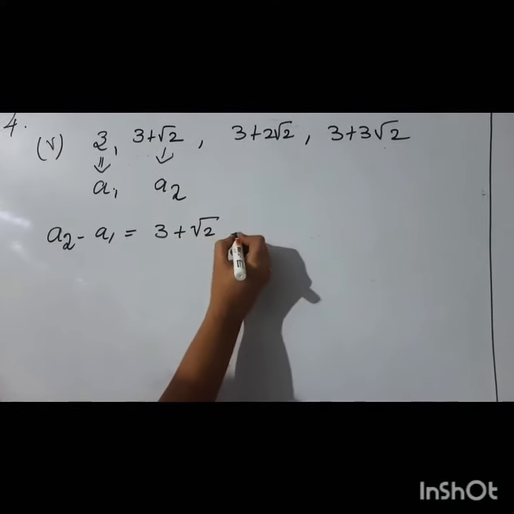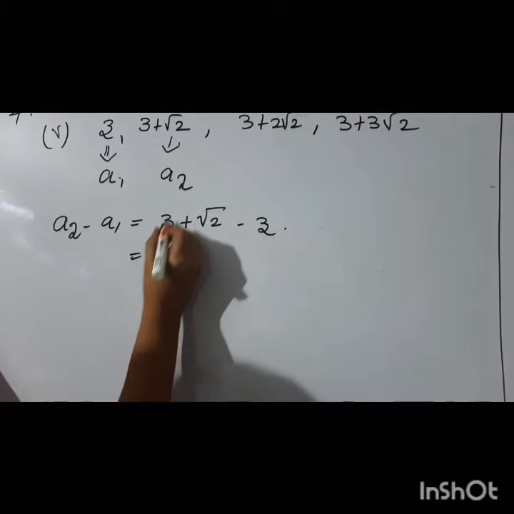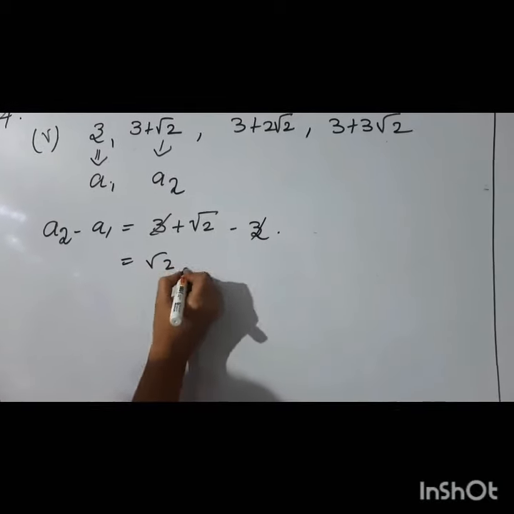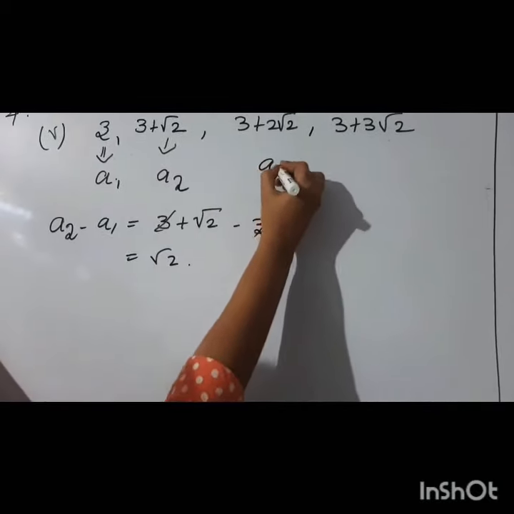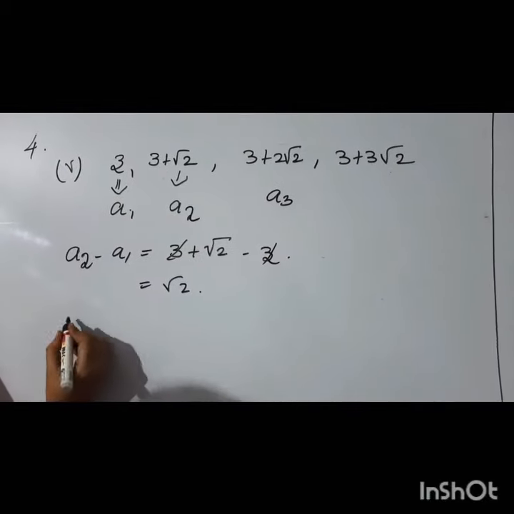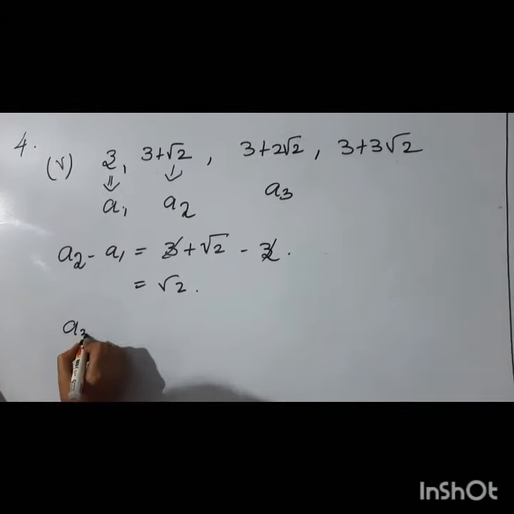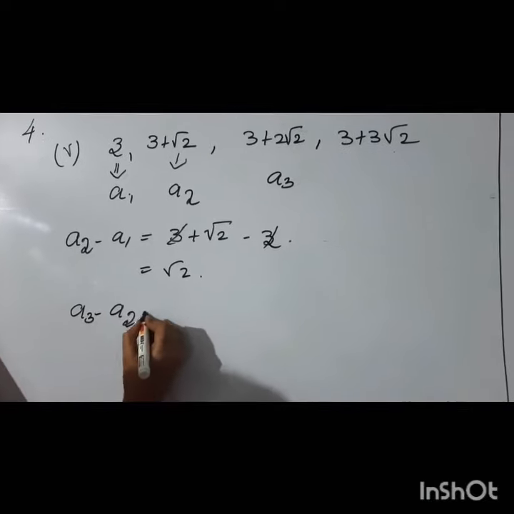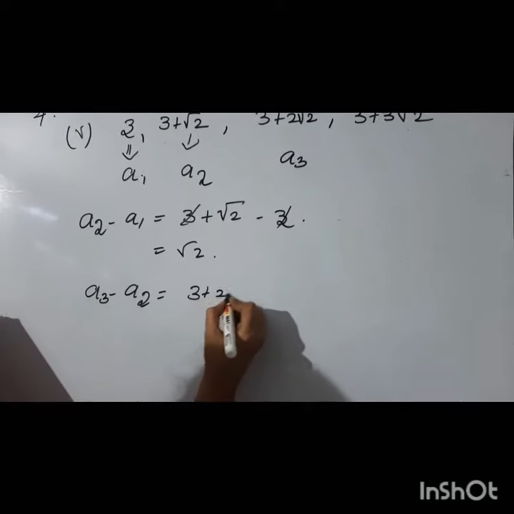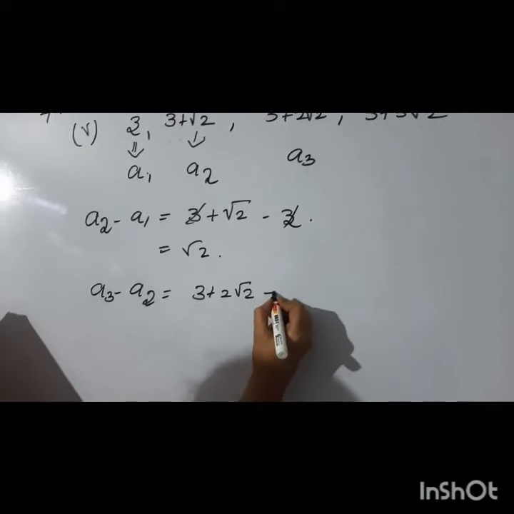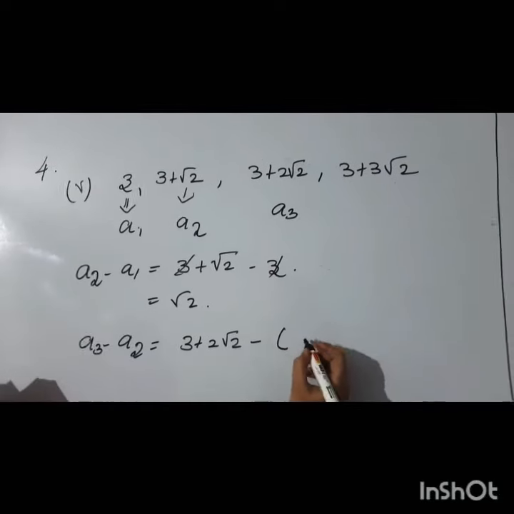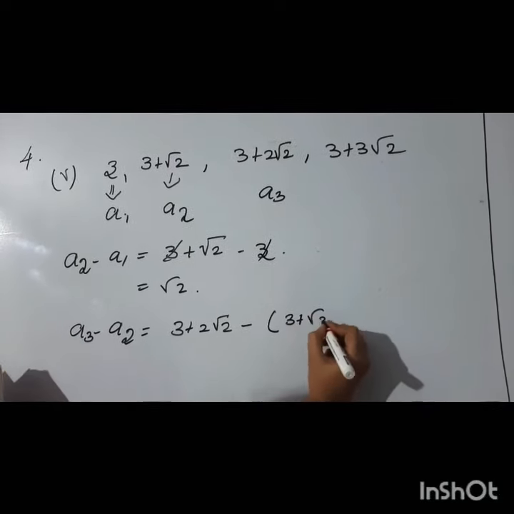3 plus root 2 minus 3 gives you root 2. Then check for the third number. Let me consider the third number as A3. A3 minus A2, let me check. 3 plus 2 root 2 minus, what is your second number? That is 3 plus root 2.